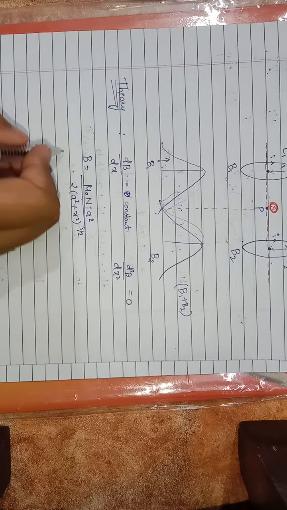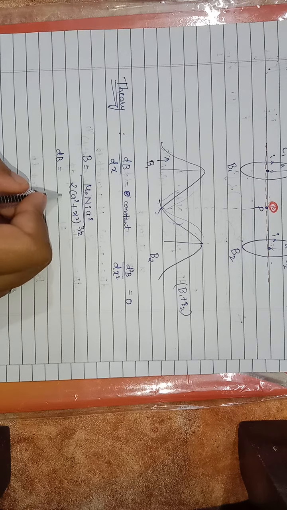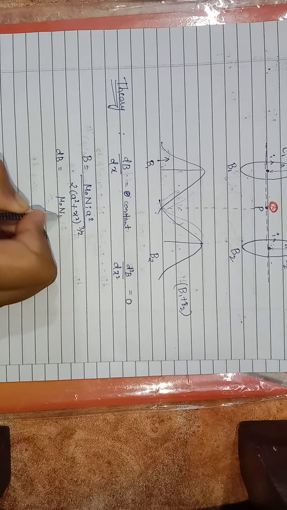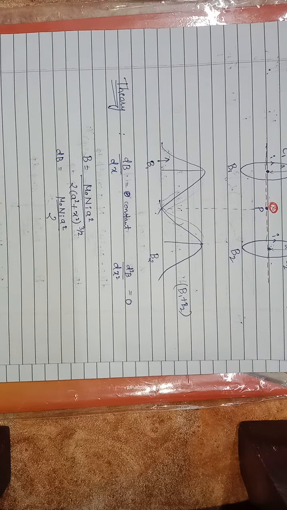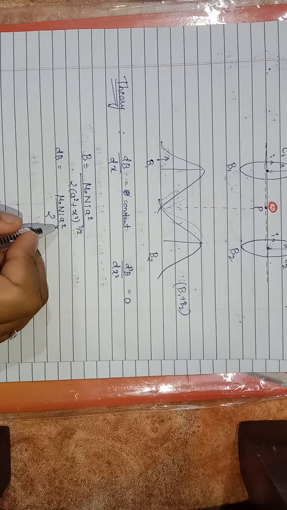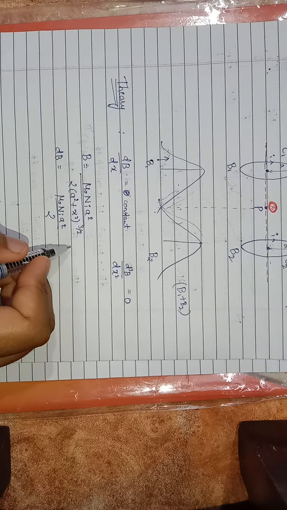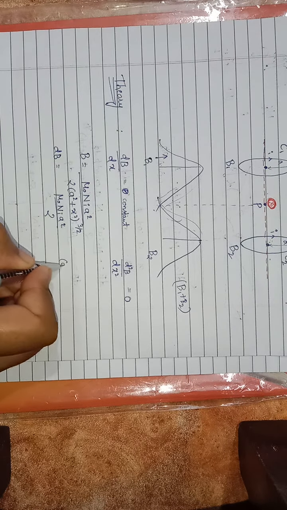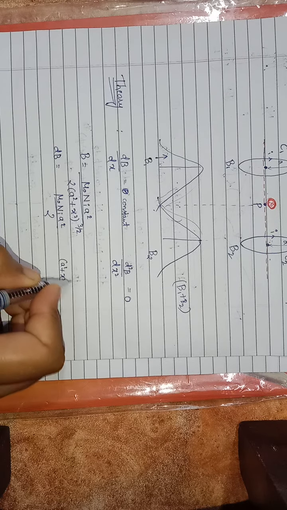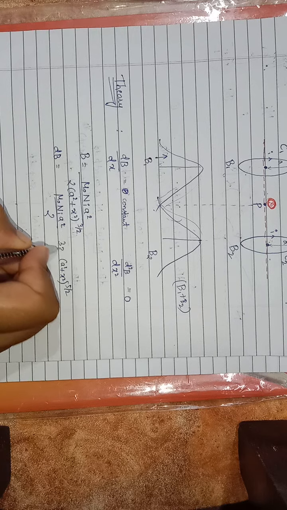Now differentiate it, dB. Mu naught n I a square remains as it is. You just have to differentiate the terms here: (a square plus x square) raised to 3 by 2 becomes (a square plus x square) raised to minus 5 by 2, and it's 3x.